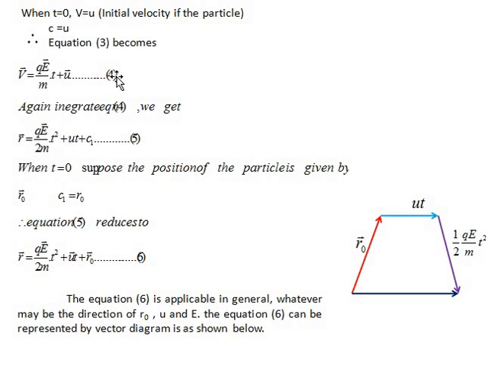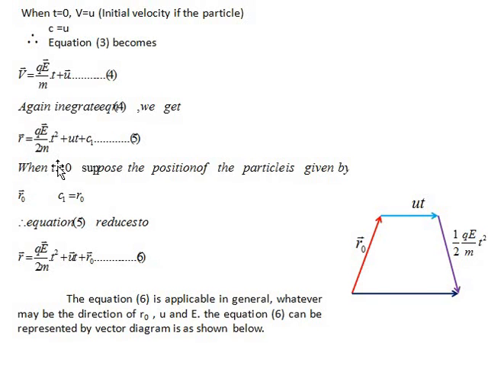Again integrating equation 4, the integration of the velocity term becomes the position vector r, which is equal to q into E divided by 2m into t square, as we are integrating with respect to time, and u is the initial velocity, so integrating it also with respect to t, we get ut plus c1, the integration constant.